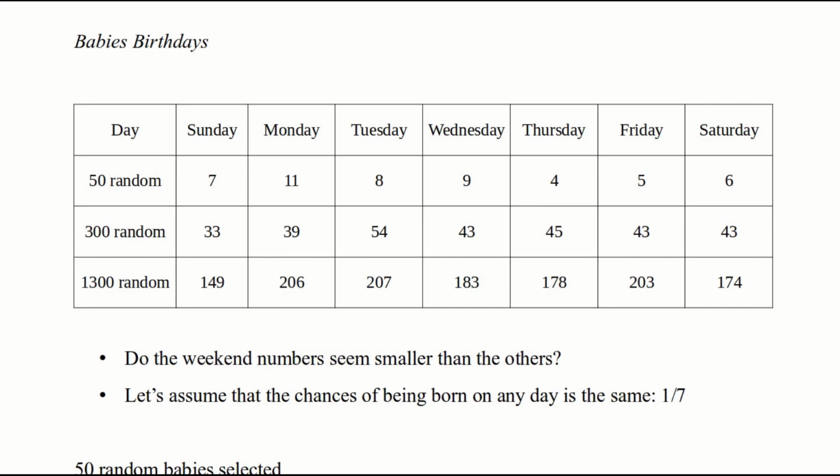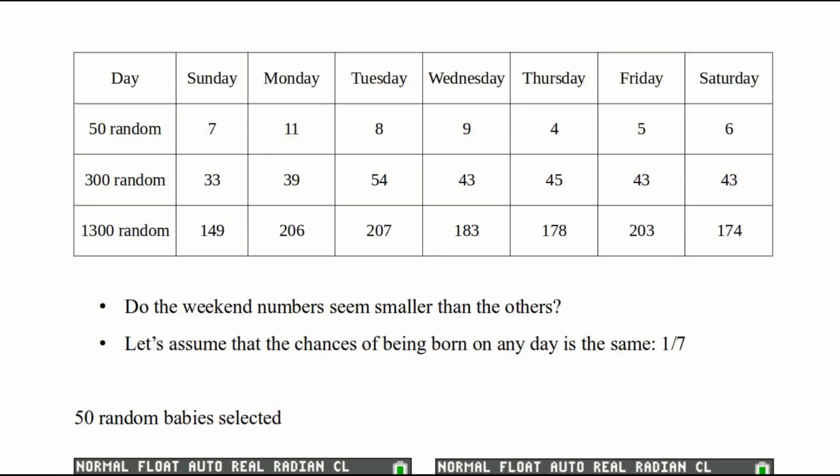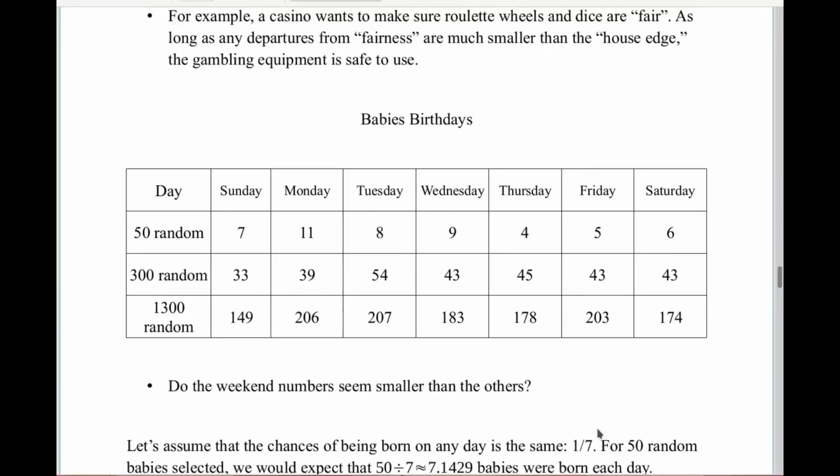It looks like maybe Monday is a lot more common than Thursday. So we'll assume that in reality the chances of being born on any particular day is the same. That is 1/7. Let's calculate chi-squared and the p-value for 50 randomly chosen children's birthdays.